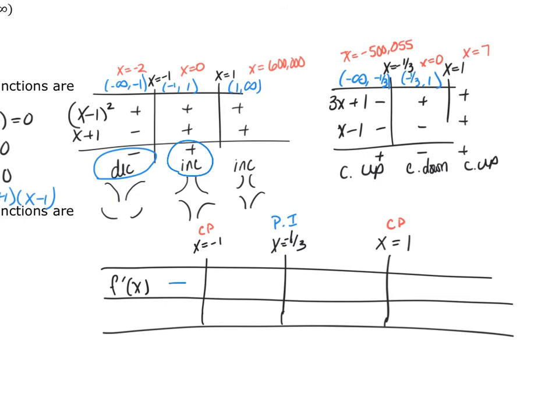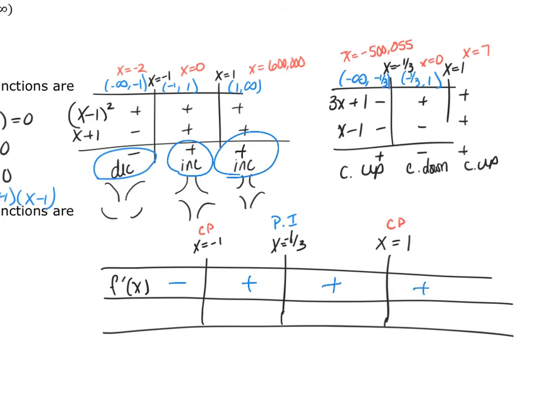So this is the region here. Both of those two rectangles are from -1 to 1, so those will both be plus. And then from 1 to infinity, that was also plus.